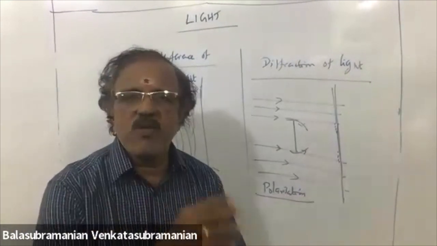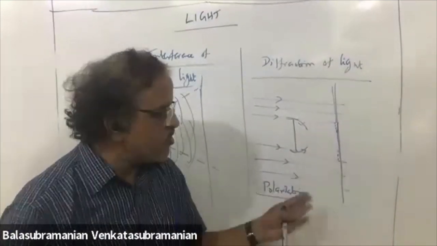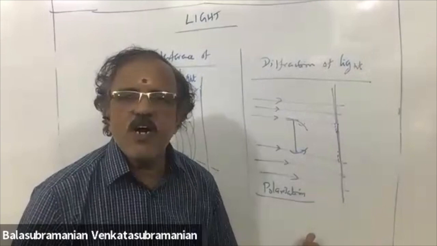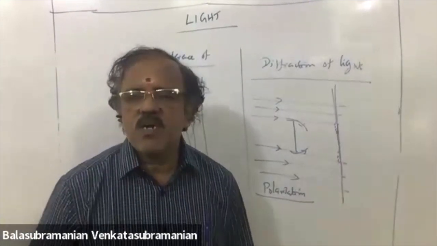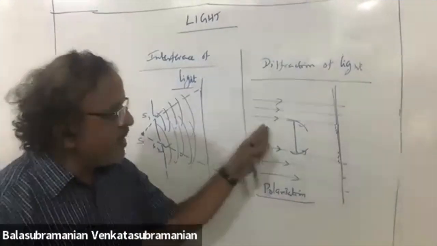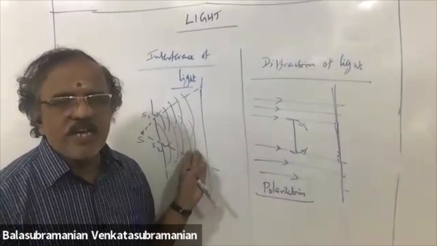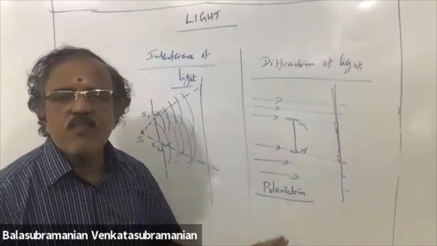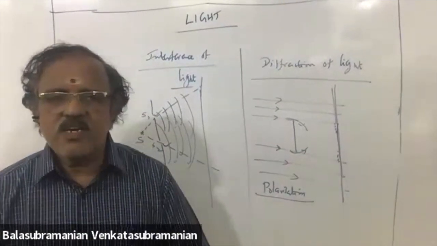Light behaves like a wave, and to decide whether it is transverse or longitudinal we use polarization. This phenomenon proves light waves are transverse. So these are the three basic pieces of information, only the definitions of interference, diffraction and polarization of light, that we have discussed. Thank you. We'll continue.